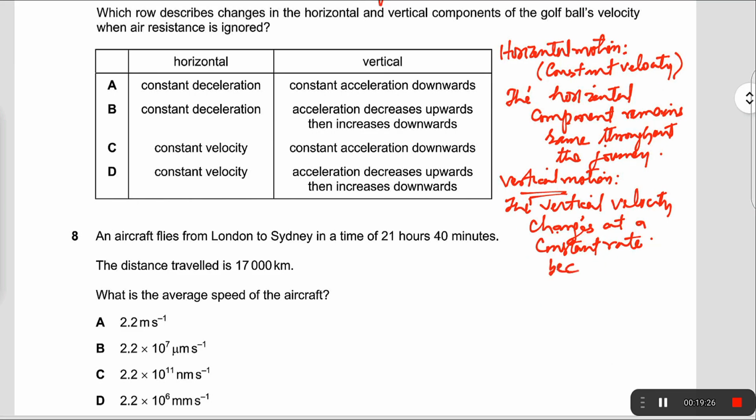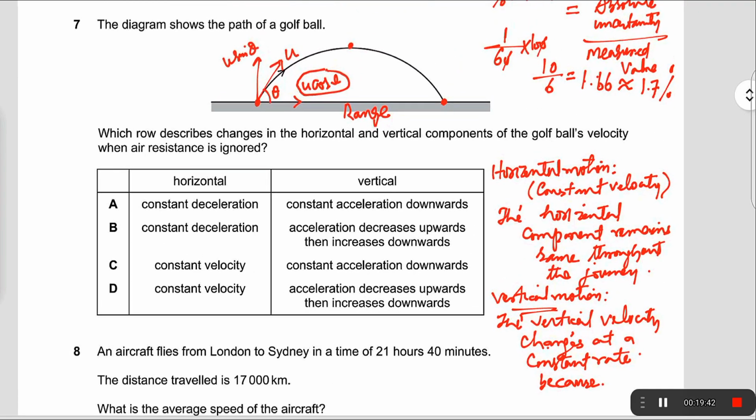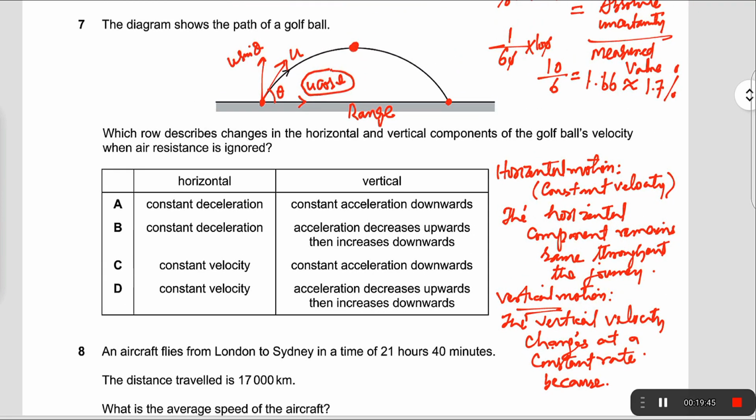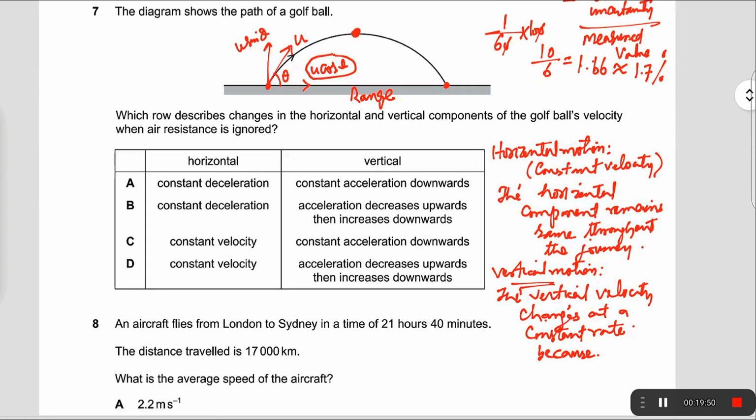Because there is only one force, that is weight, in the downward direction. It slows down. When the ball reaches the top point, it takes some rest for an instant of time, and then it will come back again.